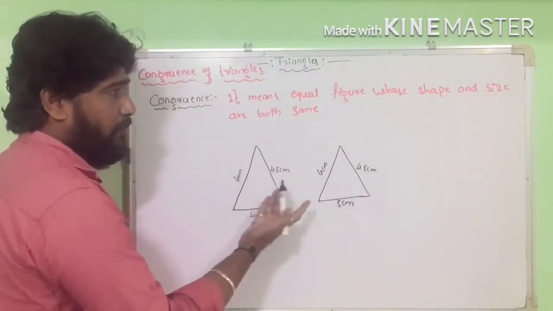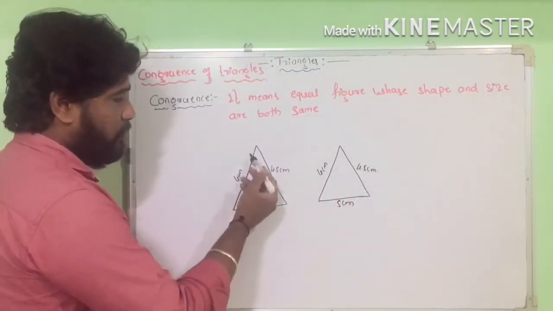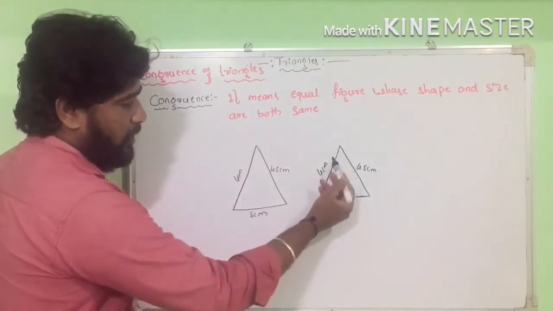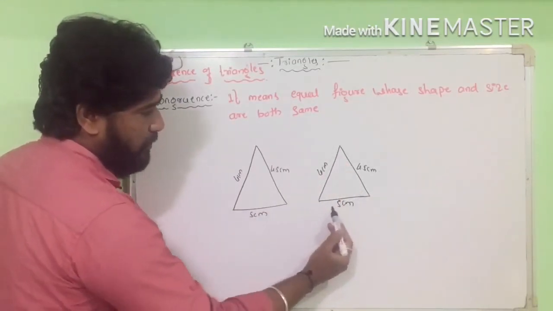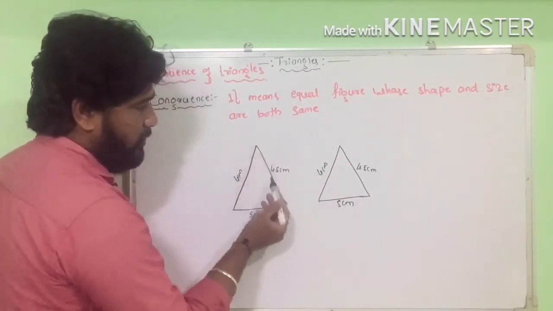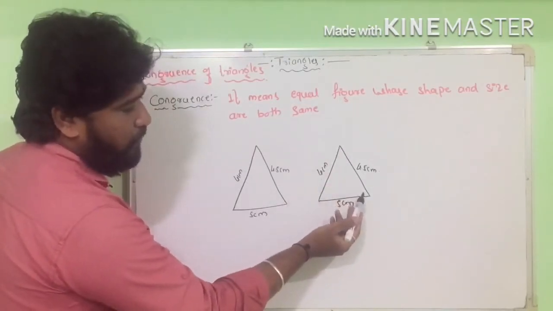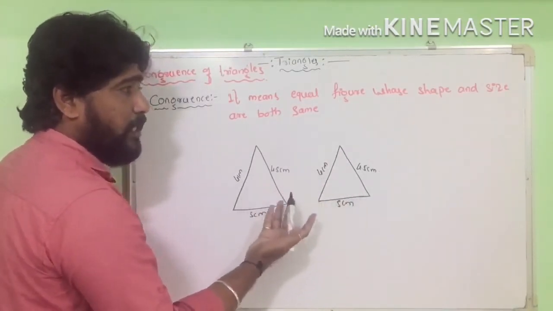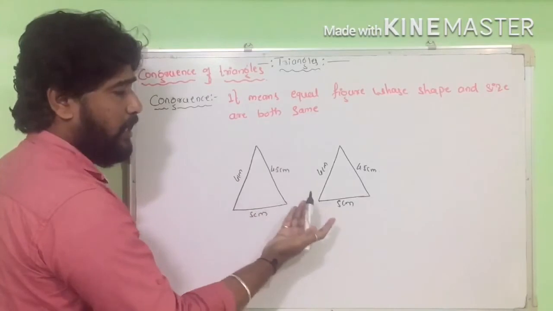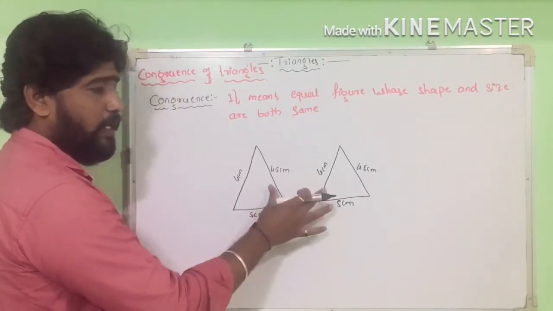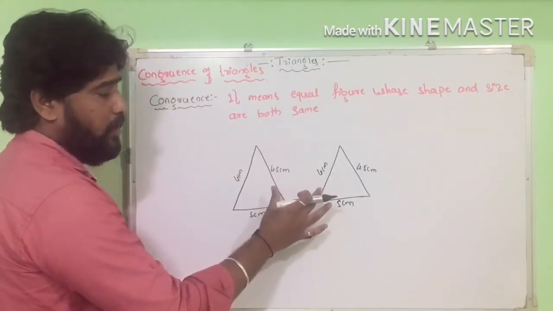So these two figures have the same shape and size. One side is 4 centimeter, here also 4 centimeter. It is 5 centimeter, here also 5 centimeter. It is 4.5 and here also 4.5. These two figures have the same shape and the same size. So these two are congruent, right?